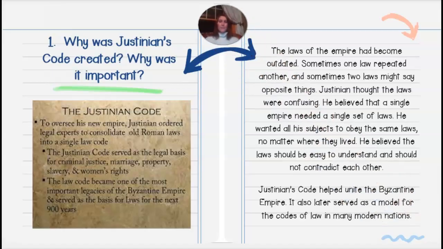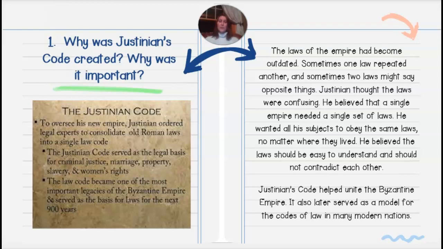So question number 1, why was Justinian's code created and why was it important? So Justinian's code was a law or were laws that were made kind of like Hammurabi's code. The laws of the empire had become outdated. Sometimes one law repeated another and sometimes two laws might say opposite things.